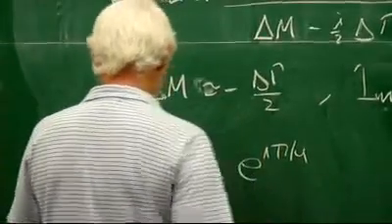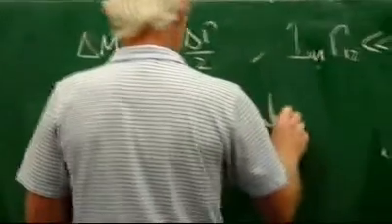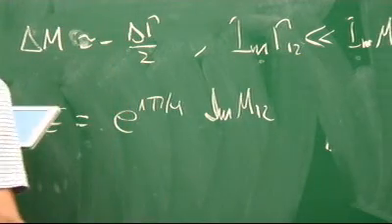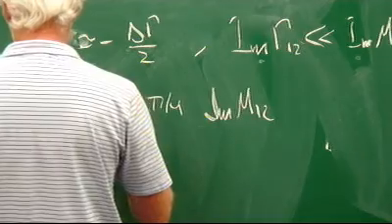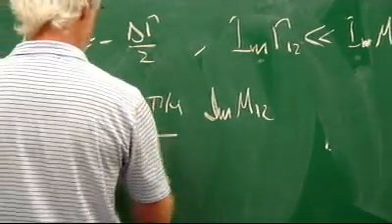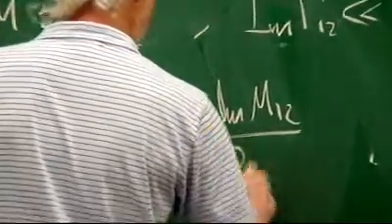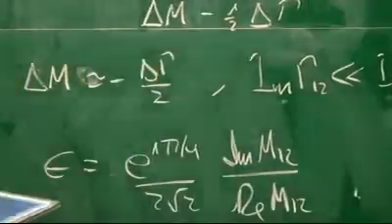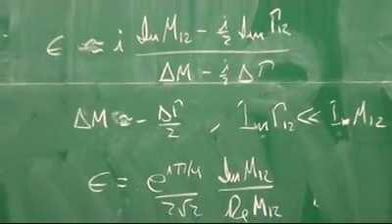You can write this as e to the i pi over 4 times the imaginary part of M12 over delta M. But delta M is square root of 2. The root 2 comes from 1 plus i here, and the delta M is 2 parts from 12, sorry.